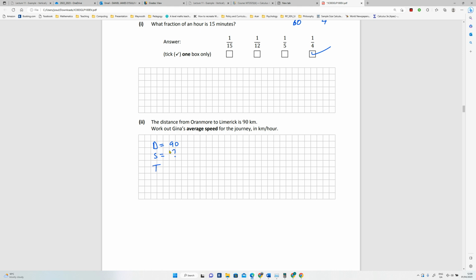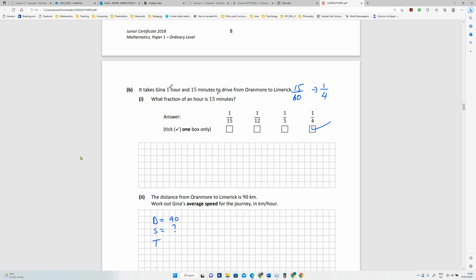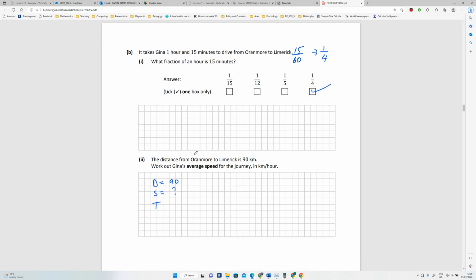Time we do know from the previous part, because they told us that it took her 1 hour 15. So the standard formula here is distance equals speed by time.